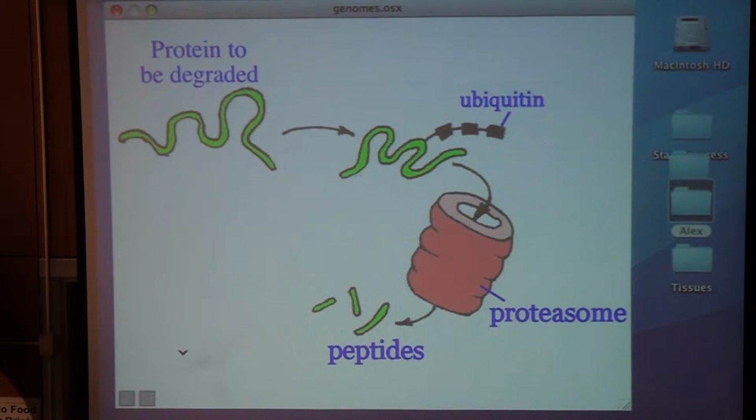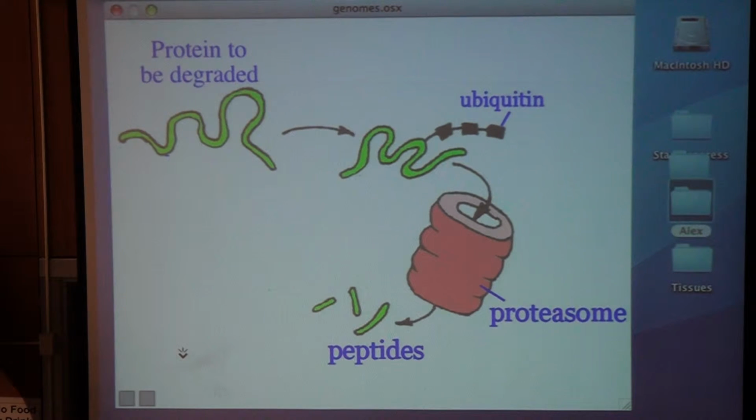There's a small protein called ubiquitin. I don't know exactly how many amino acids it is, but it's a pretty small protein. And the cell attaches the ubiquitin protein to the proteins that it wants to get rid of. The ubiquitin is essentially a tag or a flag that says, let's get rid of this protein. It's sort of a destruction tag for protein.